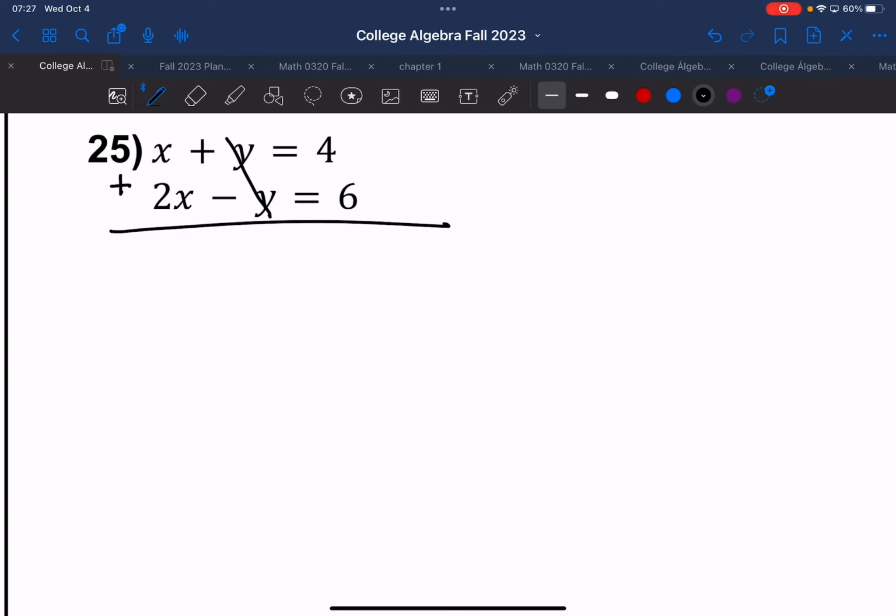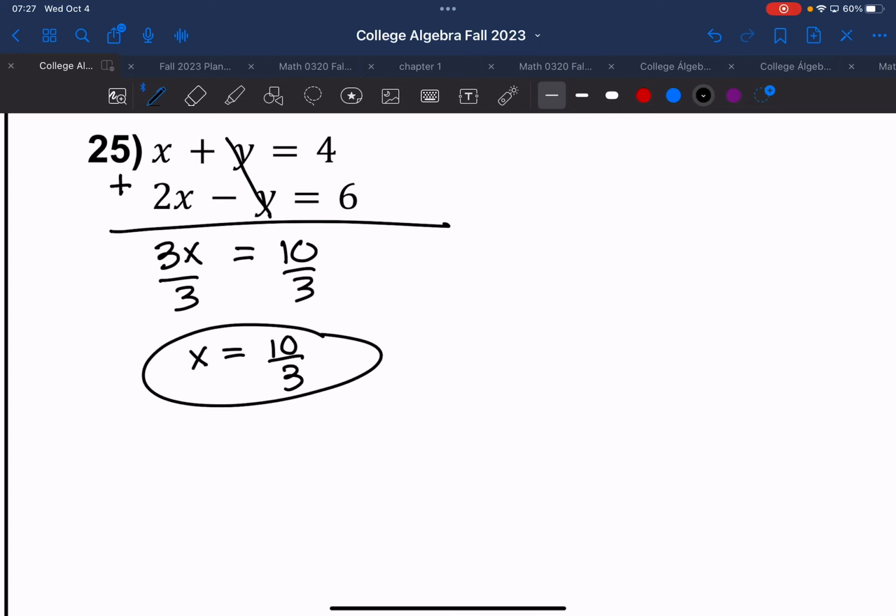So if I add them down, what is x plus 2x? 3x. We already said that our y's cancel out. And so we go straight to our equal sign. What's 4 plus 6? 10. So that means if we divide both sides by 3, we get x is equal to 10/3.